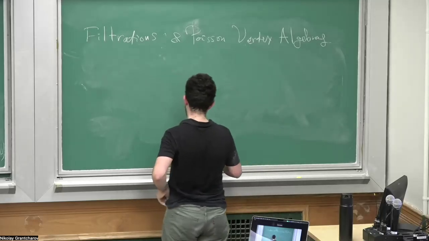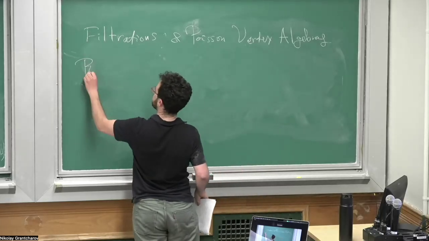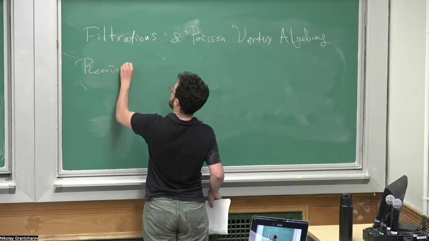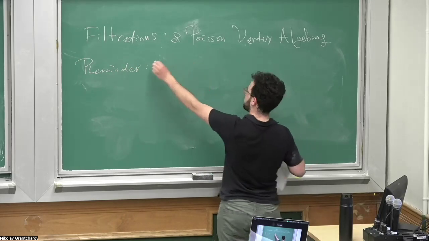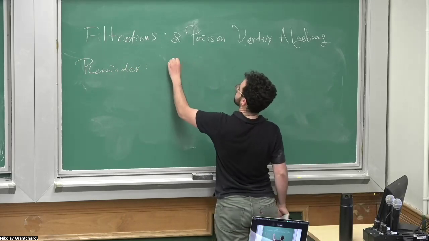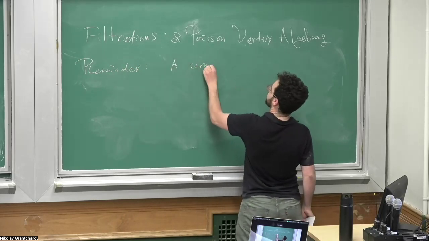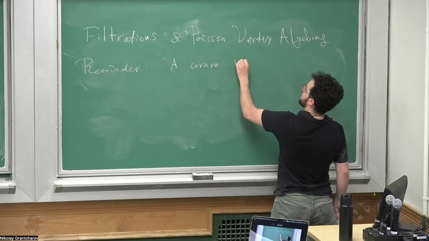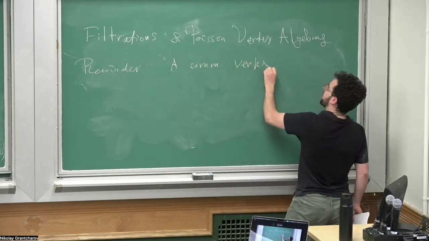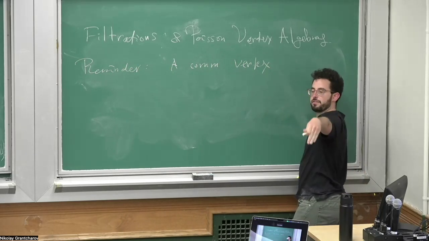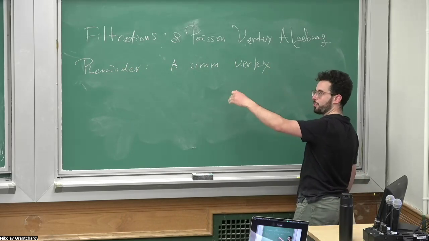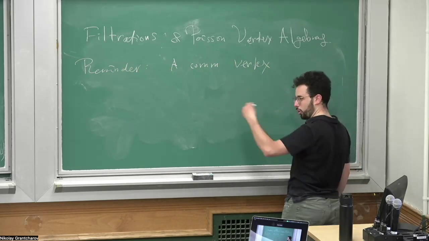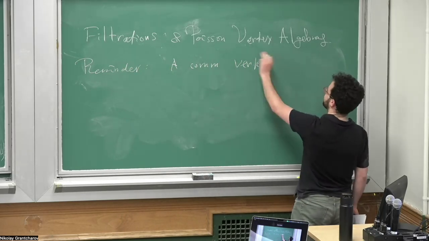So, maybe a reminder. A commutative vertex algebra is one where fields only have negative degrees. Positive degrees correspond to the polar part because all the indices are upside down.